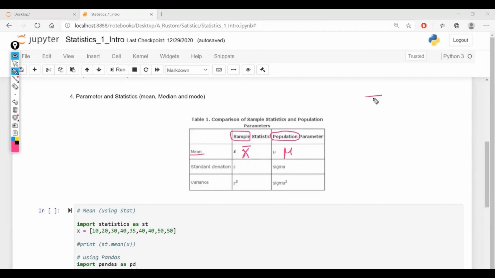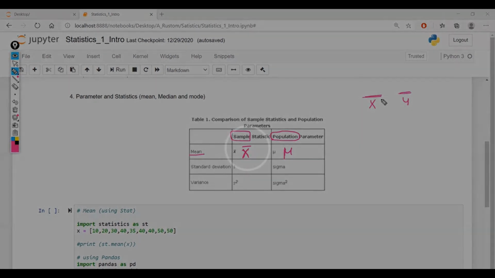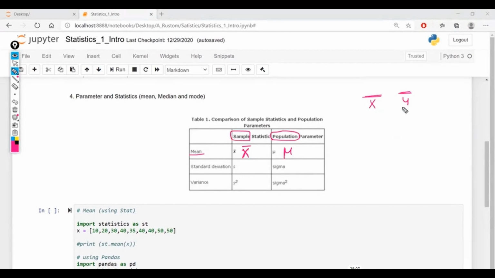Whenever we see a bar, maybe it's an X bar or a Y bar, whatever the letter, it is basically a sample mean.